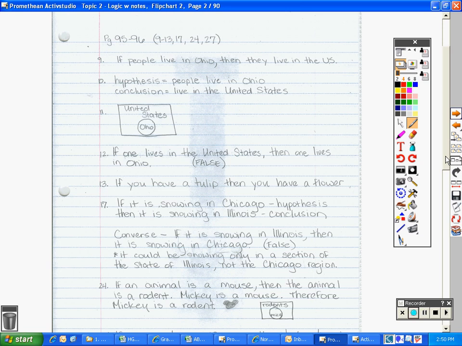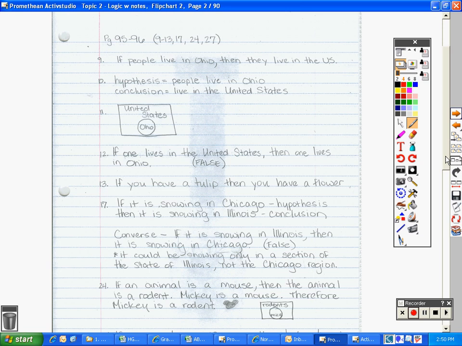And once again, number 11, you had to make an Euler diagram from the conditional. Number 12 asked you whether or not the converse was true. Well, the converse would switch those two. So the converse would say, if one lives in the United States, then one lives in Ohio. And that's not true, due to the fact that we live in the United States and we do not live in Ohio, last time I checked.